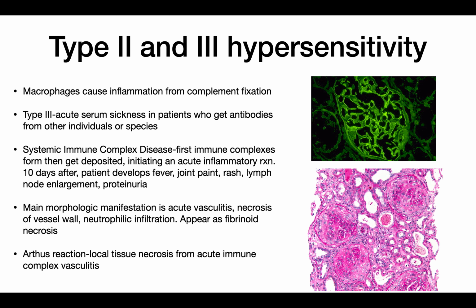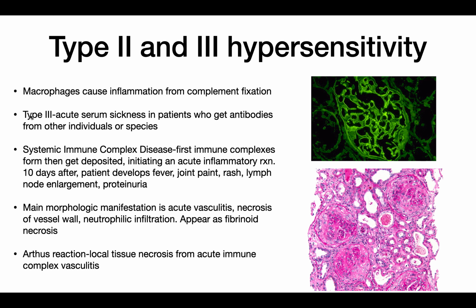Type 2 and type 3 are going to be caused in a way both by complement, right? So in type 2, the complement is going to be activated, and in type 3 it's going to be because the immune complexes are going to be deposited everywhere, and then the complement system will be activated from that too.